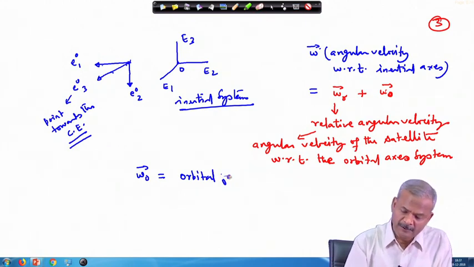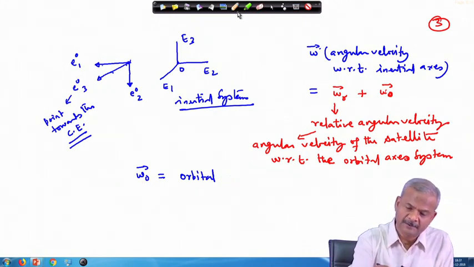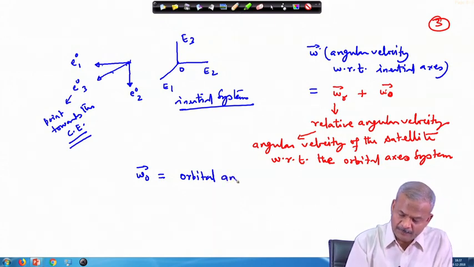We will not call this the frequency, because this is a vector. So, this is orbital angular velocity.